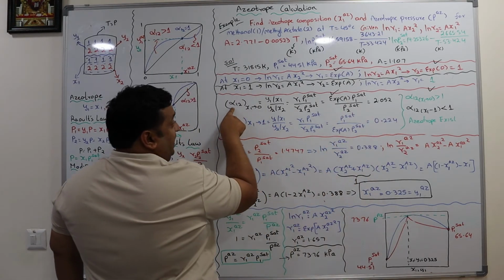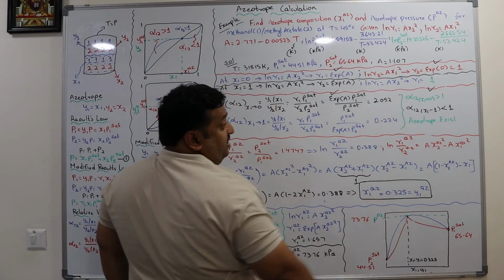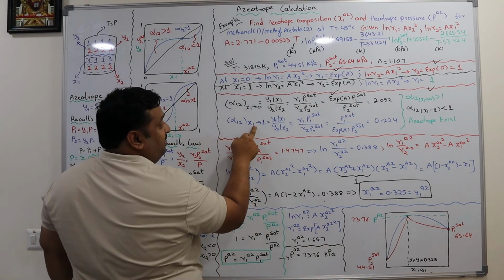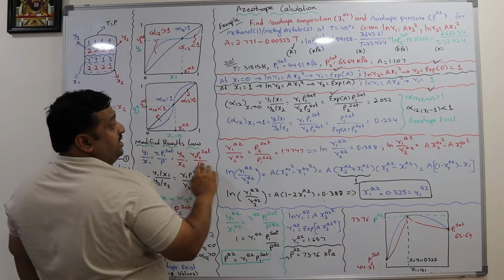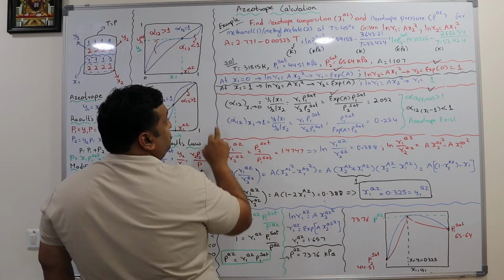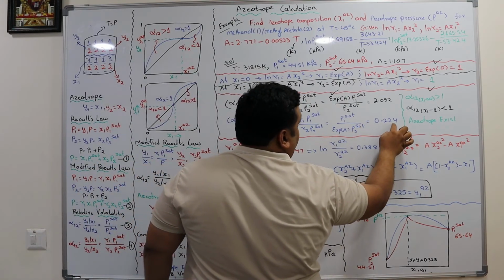So the relative volatility when x1 towards 0 is 2.052. Similarly, the relative volatility when x1 towards 1 is gamma 1 P1 sat by gamma 2 P2 sat. These two are anyway given, so using this we get 0.224.